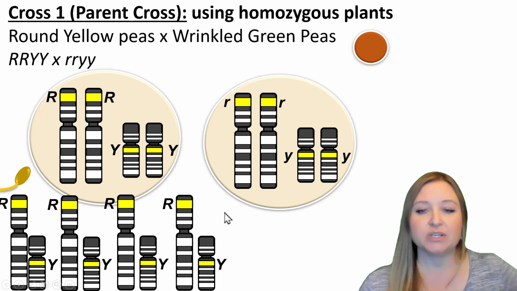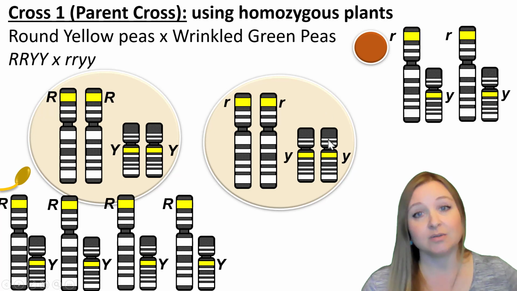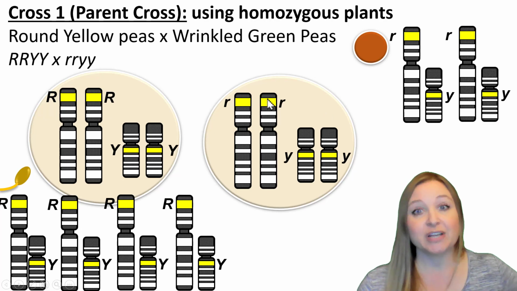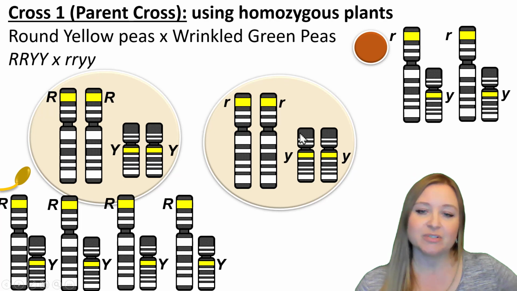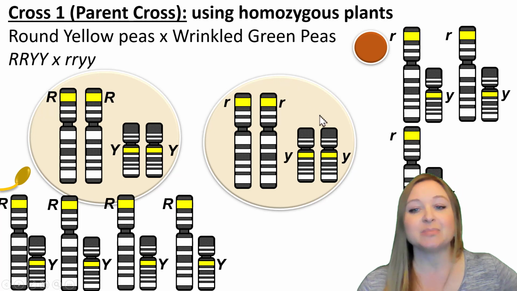Now, the same thing we can do with mom's eggs here. We know that this chromosome could end up with this chromosome. And so the first egg could have little r and little y. Now, this chromosome could end up in an egg with this chromosome. That's going to be little r, little y. This chromosome could end up in an egg with this chromosome, so little r, little y. And finally, this chromosome could end up with this chromosome in one of mom's eggs.